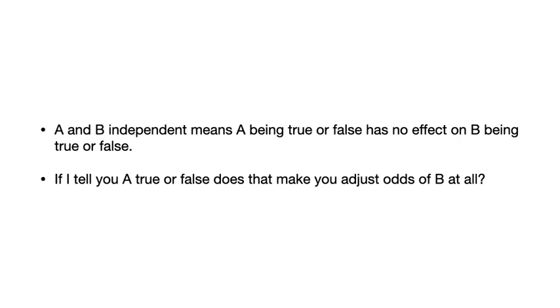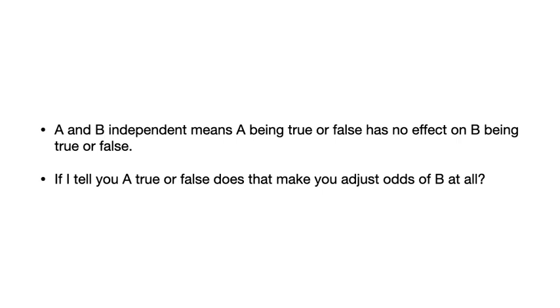So, A and B being independent means A being true or false has no effect on B being true or false. No effect on the odds. One way to think about this is if A and B are independent, me telling you that A is true or false tells you nothing about how likely B is.